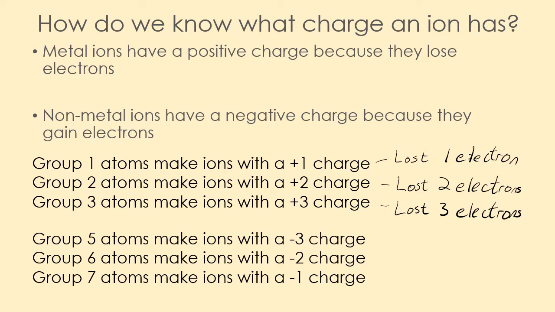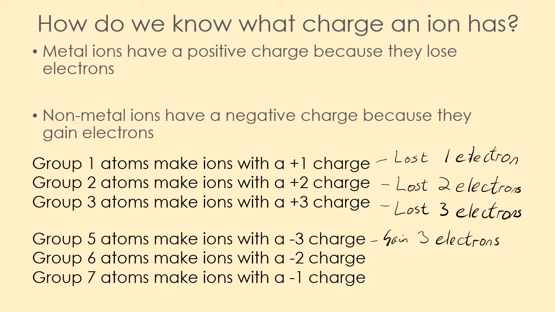Our harder part comes for the next bit, the group 5, 6 and 7 atoms. Now they make ions for group 5 with a -3 charge. The reason why it's -3 is because they have gained 3 electrons. They've got 3 more negative things, their charge is now minus.